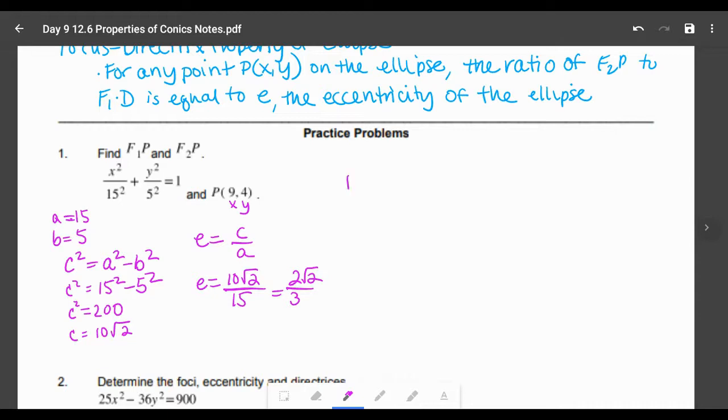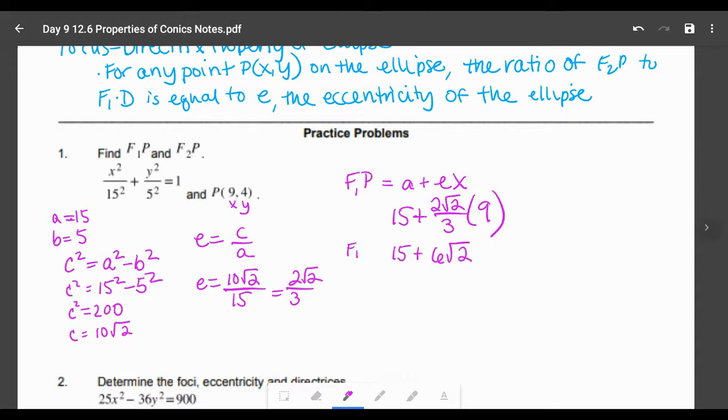All right, so using our formulas from above, we have the distance between focal point 1 and point P is A plus EX. So that would be 15 plus 2 root 2 over 3 times 9. So if we simplify that, the 9 times 2 is 18 divided by 3 is 6. So this will become 6 root 2.